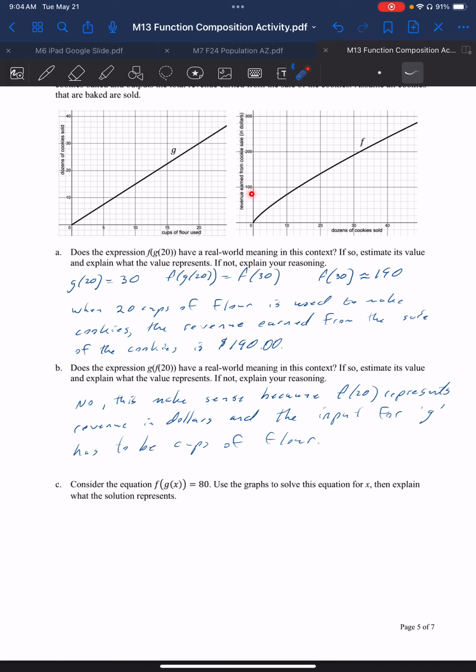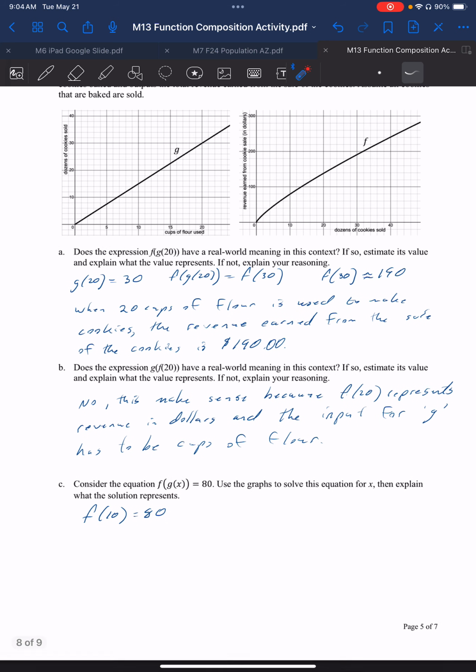Follow that over, and I find that the input then is 10 when the output is 80. So in other words, f at 10 is equal to 80. So looking at f at g of x equals 80, I know f at 10 equals 80. So what I really want to find out is, when does g of x equal 10?